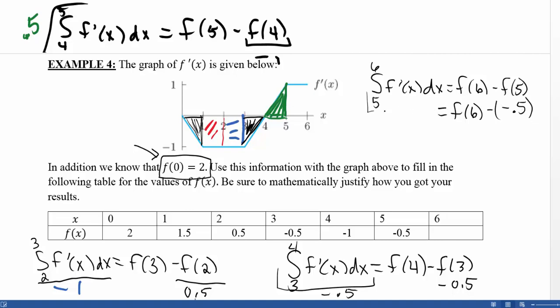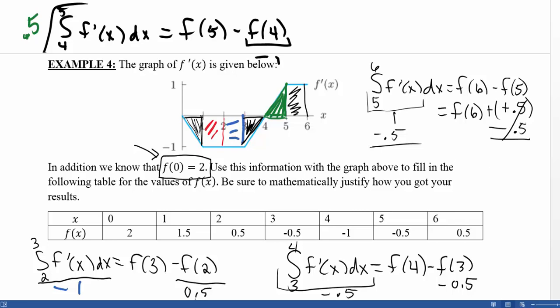Now the area under the curve from 5 to 6 is a rectangle. It's going to have a base of 1 and a height of 1, so a value of 1. Here, the negatives cancel. In order to bring this over, we have to subtract 0.5 from both sides. It'll cancel on the right, and I get f of 6 equals 0.5.